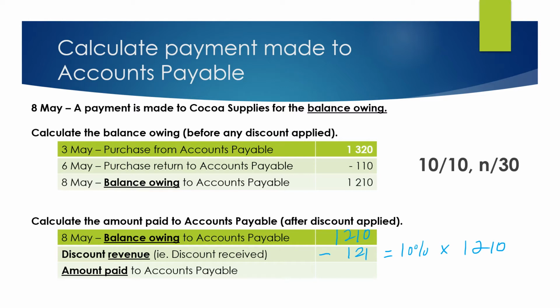The amount paid to the accounts payable is calculated by taking the balance owing of $1,210 less the discount revenue of $121. Leaving us with $1,089, which is the amount that was physically paid out of the bank account of Choco Treats to the accounts payable Cocoa Supplies.